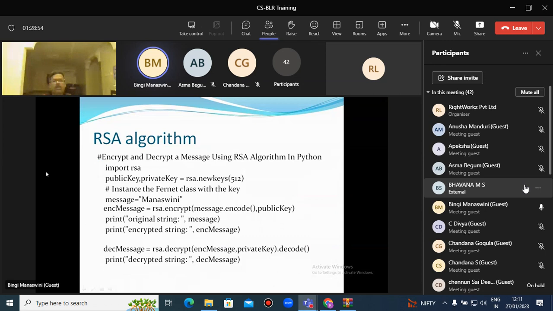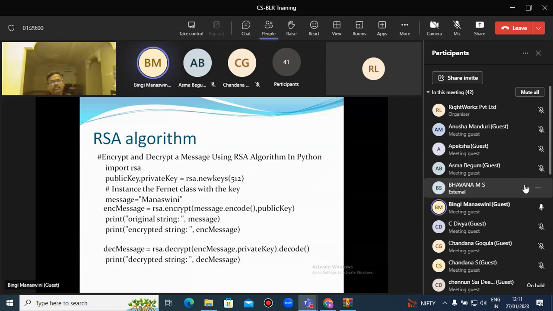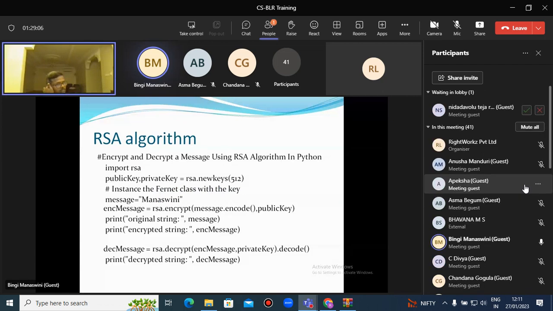We need to import the RSA library, and then generate the public key and private key using rsa.newkeys of 512. These will randomly generate the keys, and we need to give the input message.